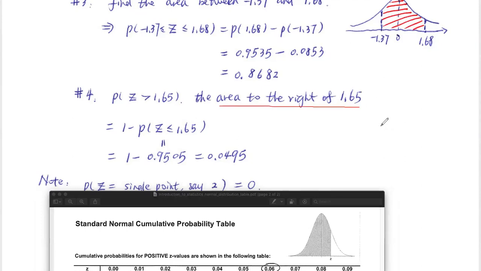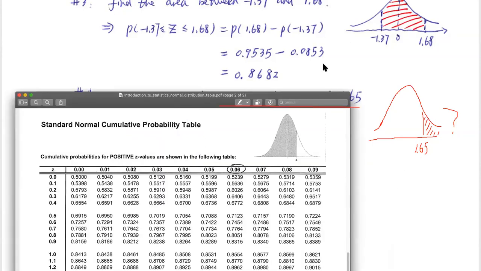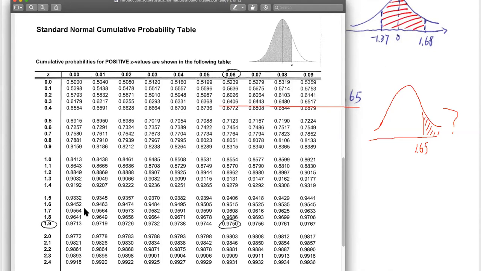1.65. If I draw the bell-shaped curve, they're asking about 1.65, and it's to the right, everybody. It's this area. That's the one they're asking, so help me find the probability for that area. If we find it directly from the table, we can see that is 1.6.